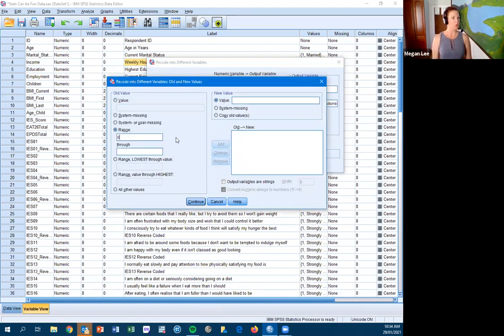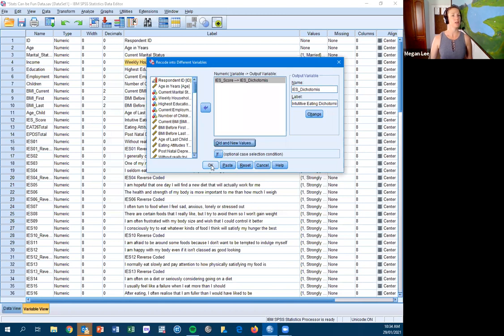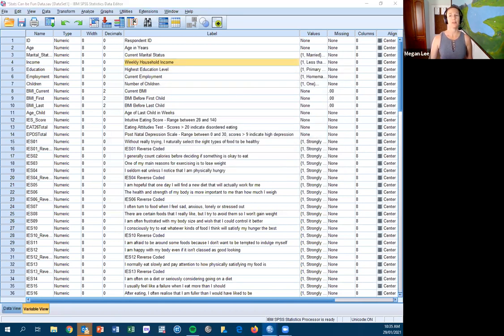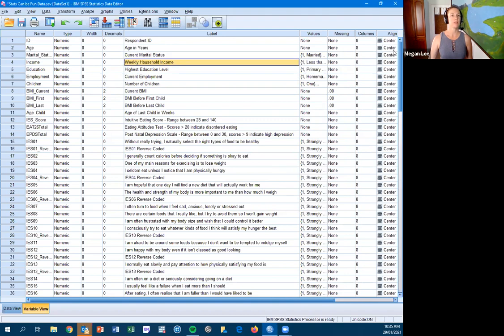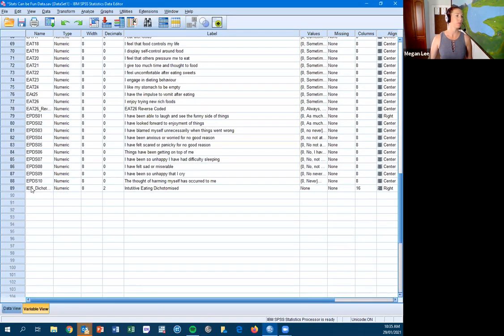Anything from 0 to 2.99 is considered people who are dieting or restricting food, and we give them a 1. Anyone between 3 and 5 is considered an intuitive eater. They get a 2. Continue. Then right at the bottom of our data set will be our new variable.